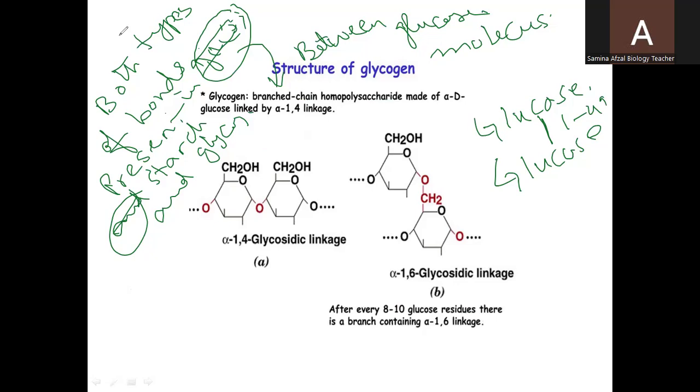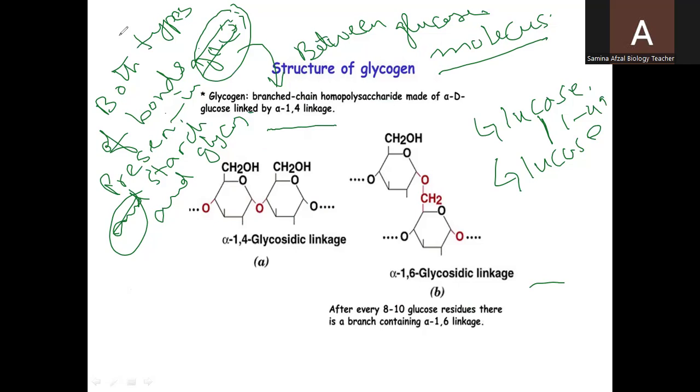So the unit of both of them is the glucose molecule. So the glucose molecules will join together by two types of linkages, that is 1,4 and 1,6. So with the formation of glycosidic bonds, there will be the formation of starch and glycogen.